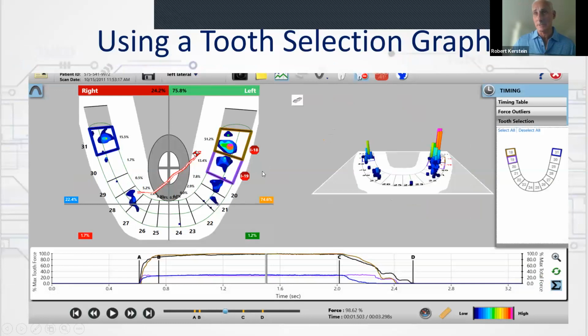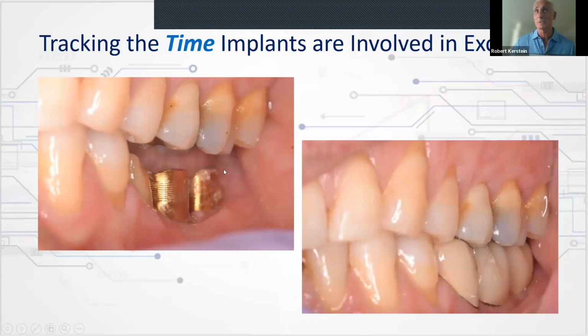Very important subject. Mostly I use tooth selection when I have implants. And one of the best things you can do with implants is you can track the time that they're involved in excursions, because teeth that rub against them are maximally compressed and flexed into their PDL and the pulp flexors because these are so rigid.